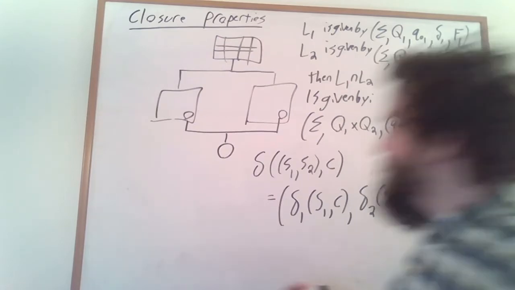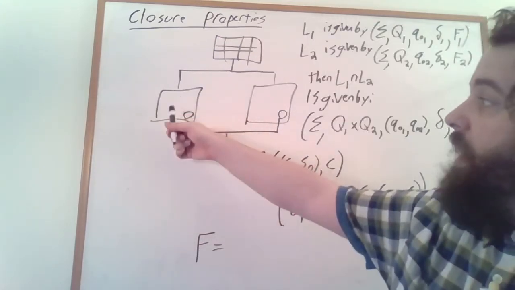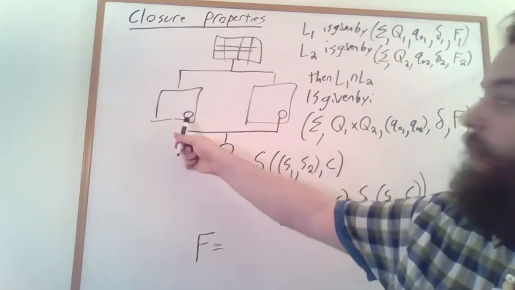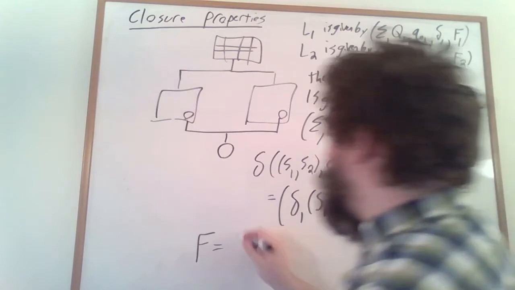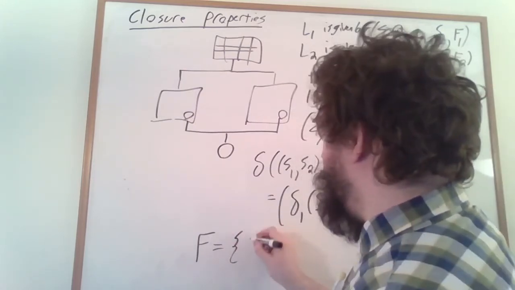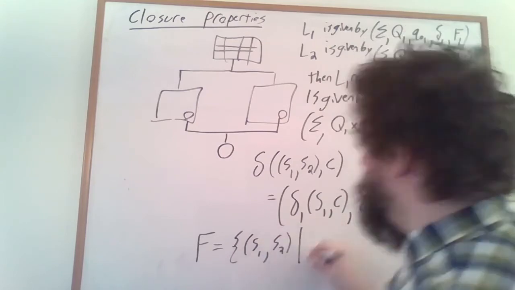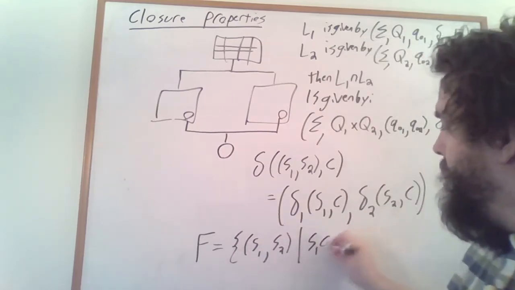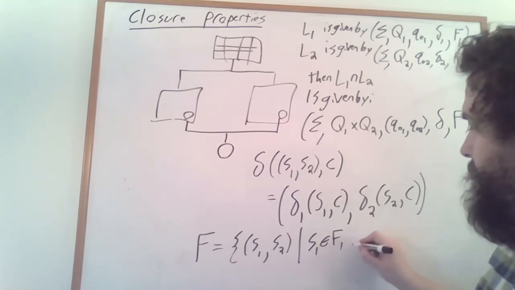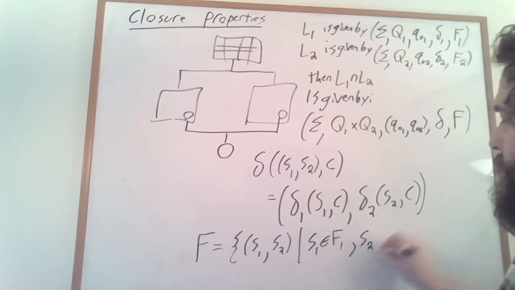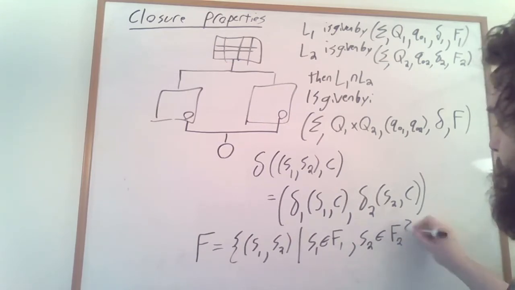And then finally, the set of final states is going to be the set of pairs of states that make both indicator lights light up. So in particular, it's just going to be the set of all pairs S1, S2, such that S1 is an accept state of the first automaton, and S2 is an accept state of the second automaton.